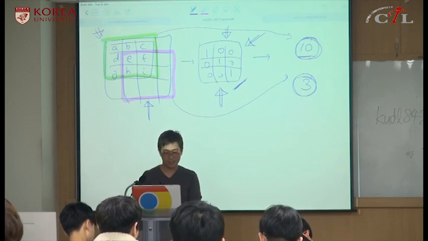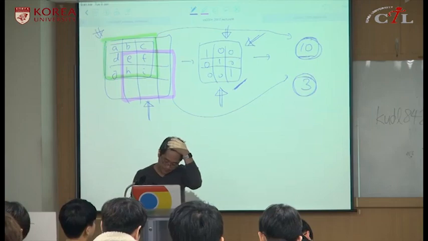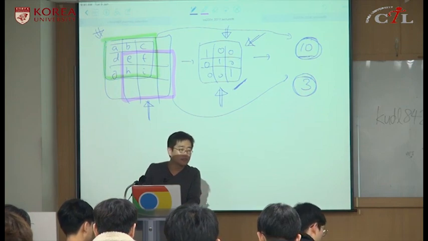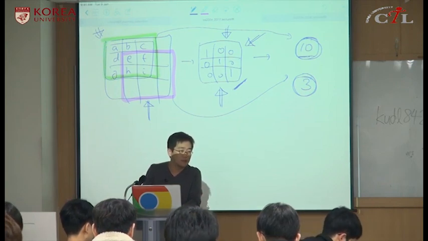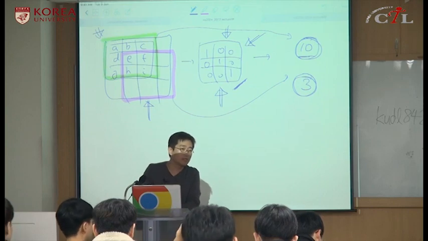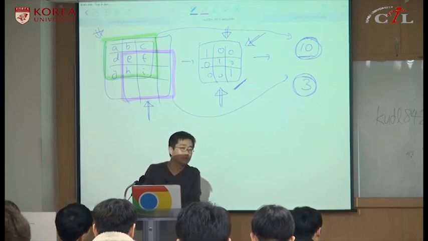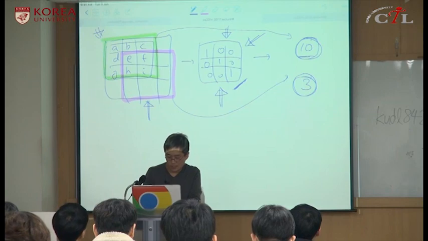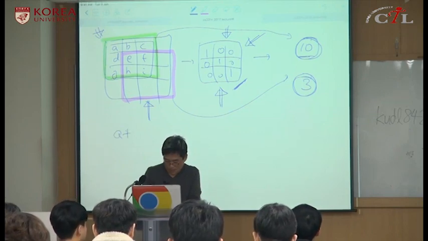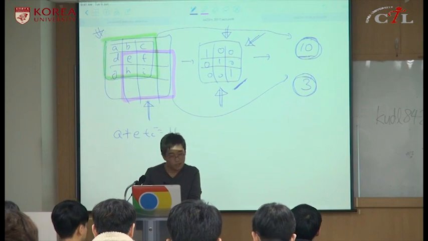In this case, it is basically a problem where we cannot obtain a unique solution, because A plus E plus I should be 10, right?